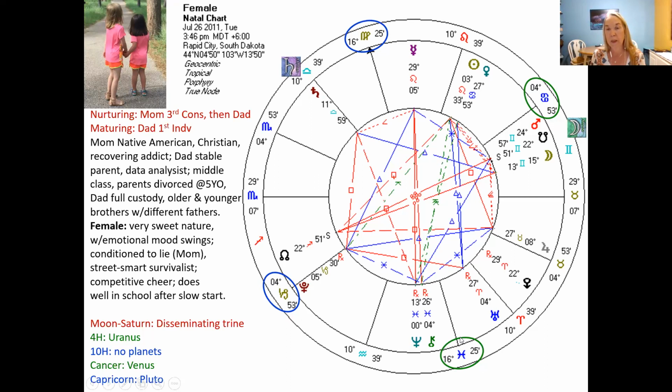Not anymore. The mother has managed to be clean now for 2 to 3 years. And interestingly enough, and here might be the moon with the waning trine to Saturn, while we think mom may still have some stories, the mother and father get along very well.